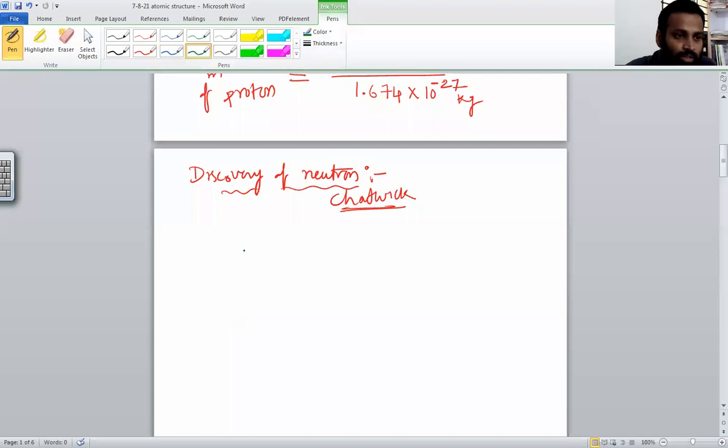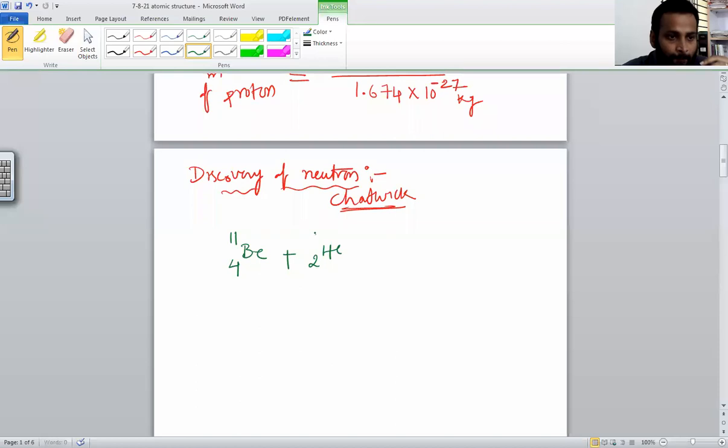See, he bombarded beryllium sheets. Do you know the beryllium atomic number? Atomic number is 4, and the mass number of beryllium is 11. Next, it was bombarded with helium.